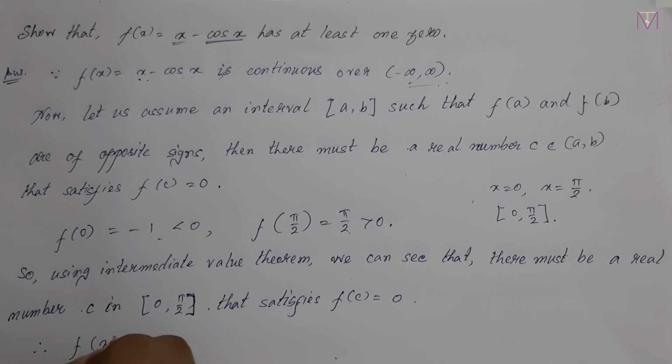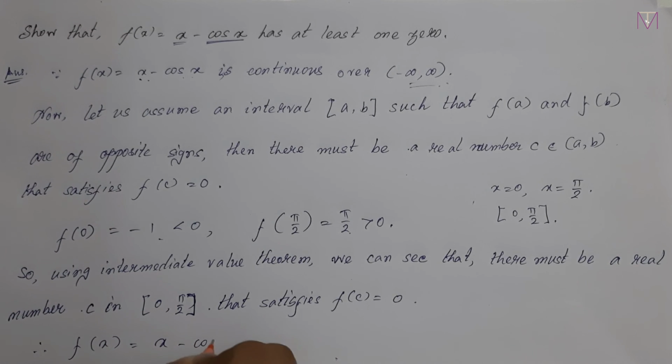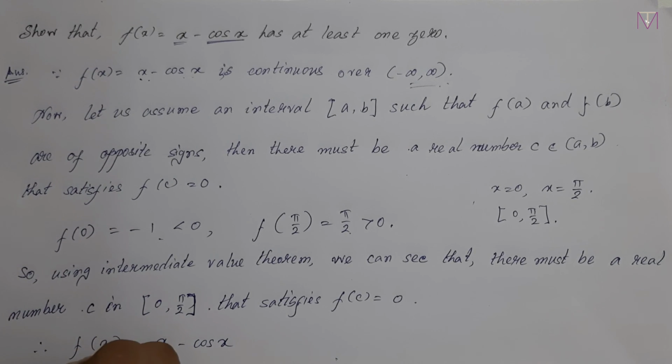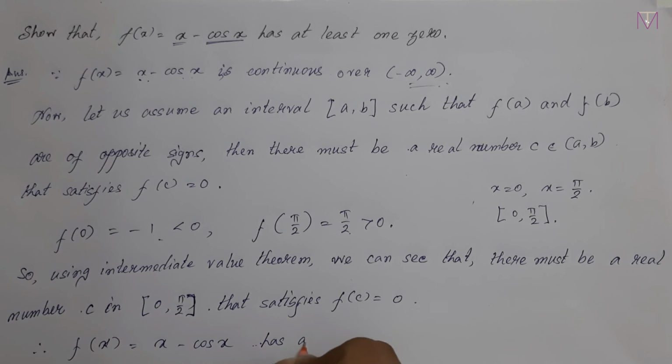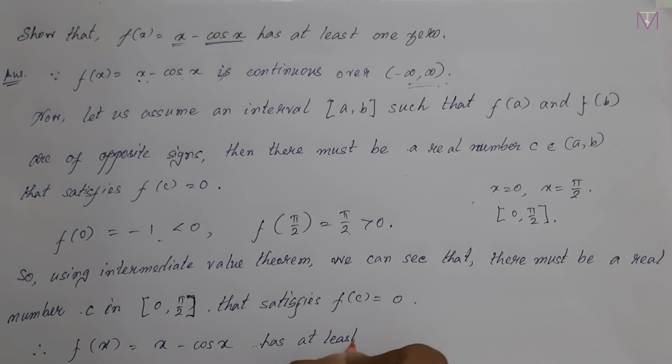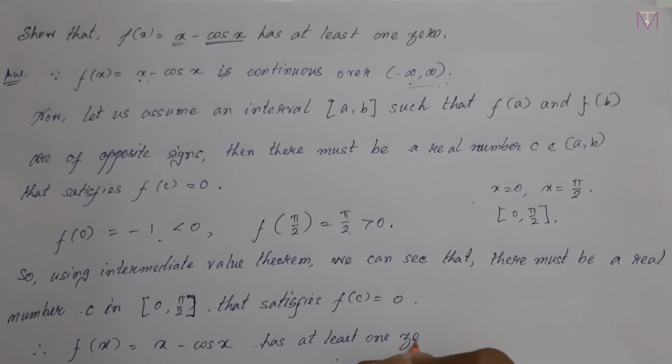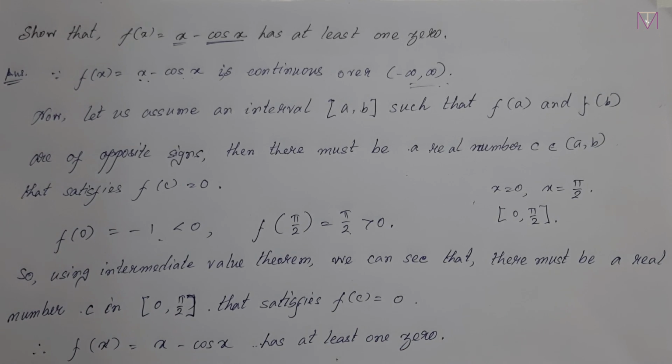Therefore f(x) equal to x minus cos x has at least one zero. Okay.